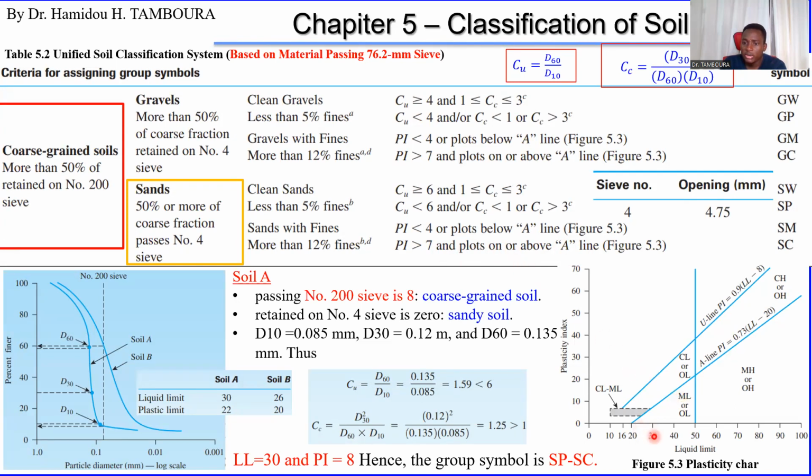So if we check 30 and 8, maybe it will be just on or above the line. Then I think we are in this case SC. That's why we have this double symbol, SP dash SC. Okay.